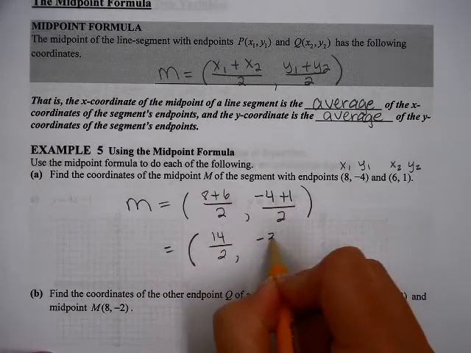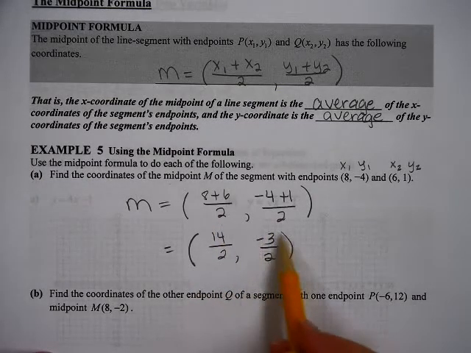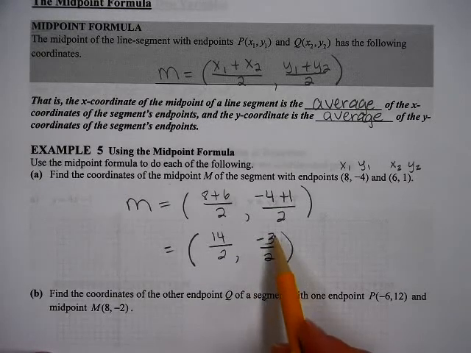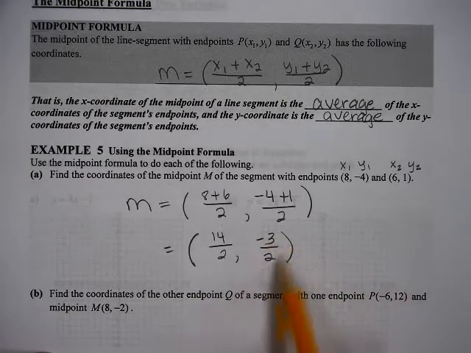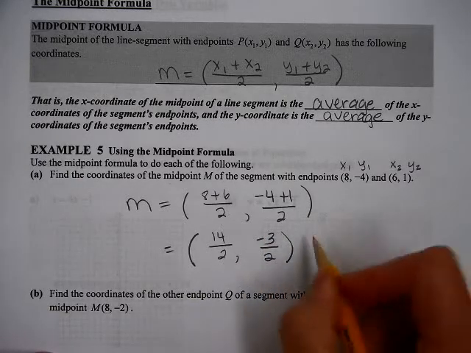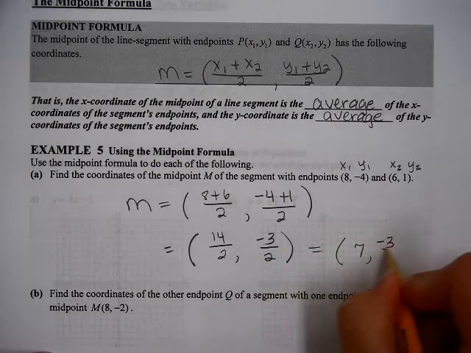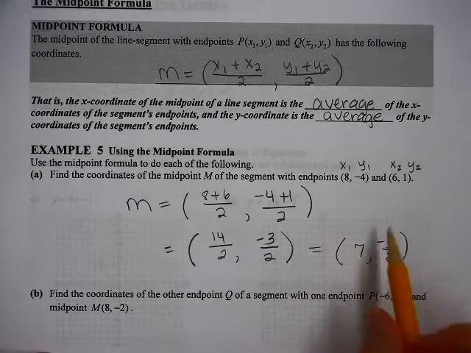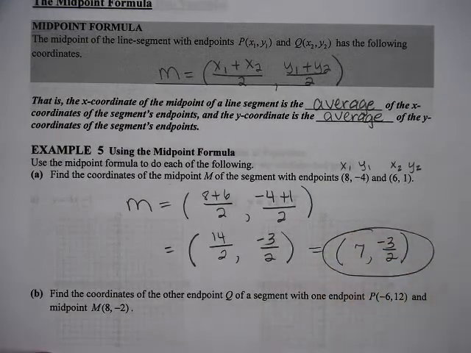Negative 4 plus 1 is negative 3. We can simplify 14 over 2 to be 7. However, we cannot simplify negative 3 over 2. We could change this to a mixed fraction, but in math and algebra, we normally just leave our answer as an improper fraction. So the final answer is going to be 7, negative 3/2. Again, this is a point, an ordered pair, midway between these 2 points. So this is our answer.